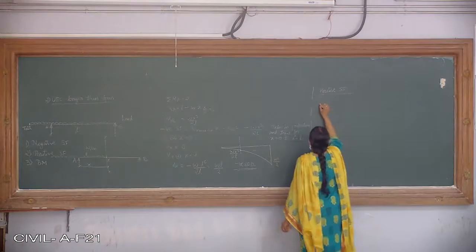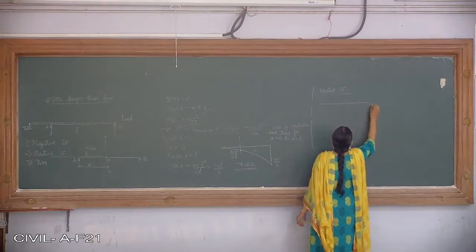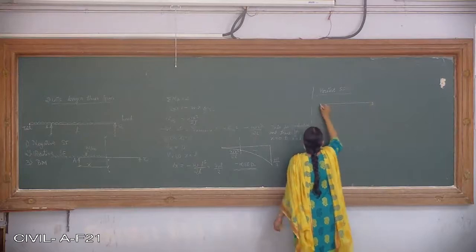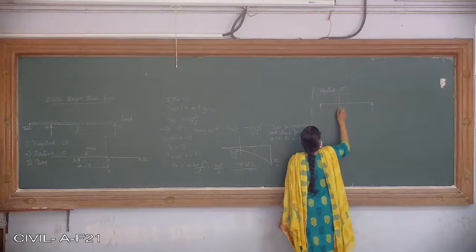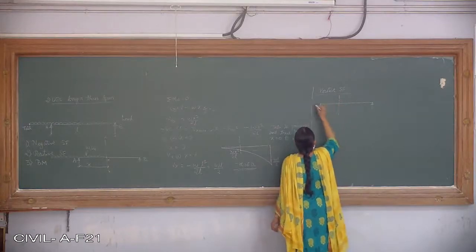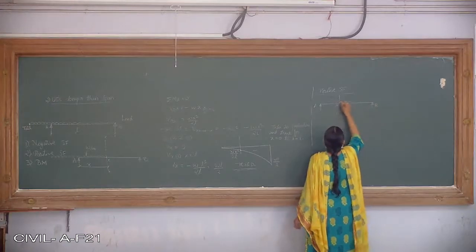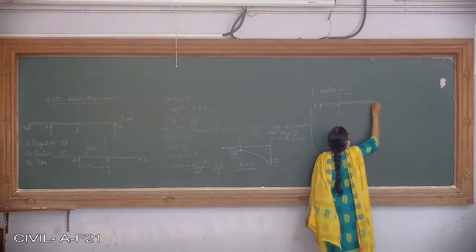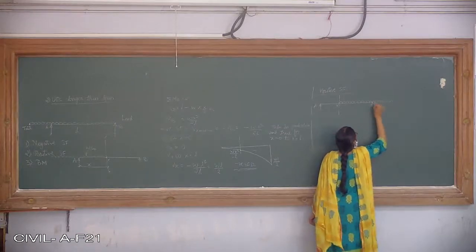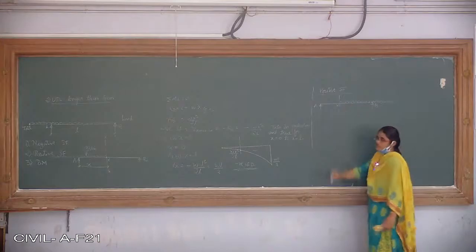So here, to calculate the positive shear force value, what do I do? As we saw in the previous case also, the load is going to be placed in the next half of the beam, right? That means the tail of the load just touches the section line. Tail of the load is just touching the section line.